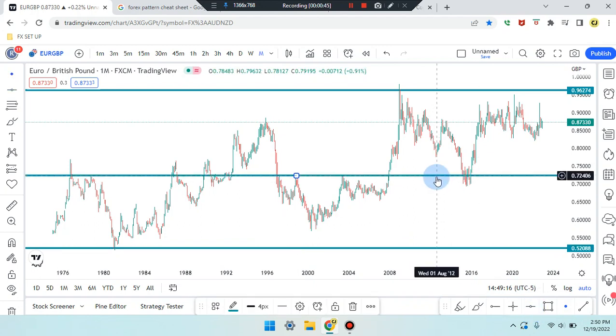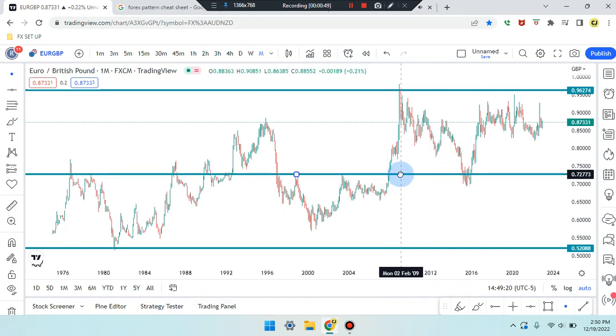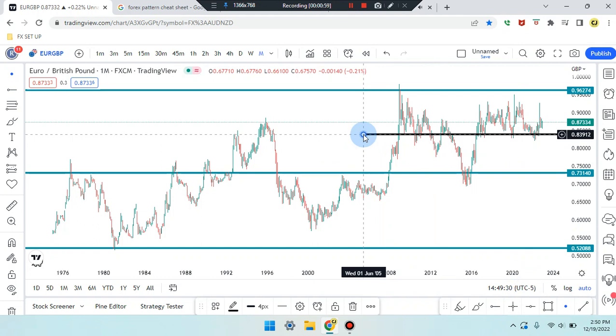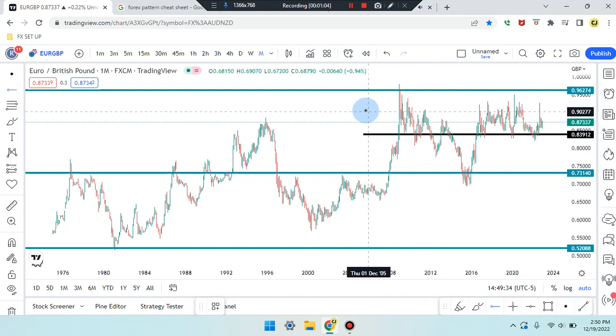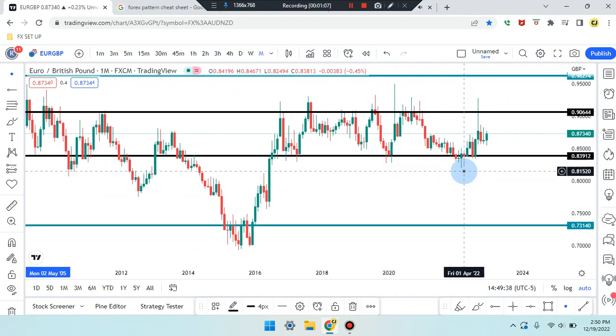Midpoint. Also adding second level highs. And third level highs. So let's zoom in the price to see what's going on.